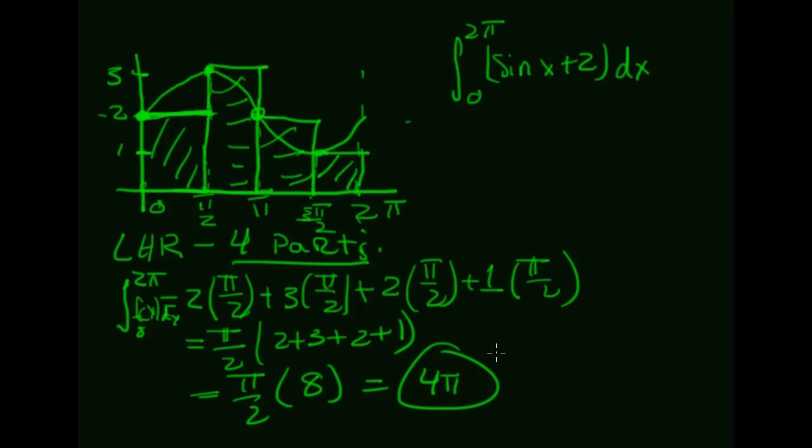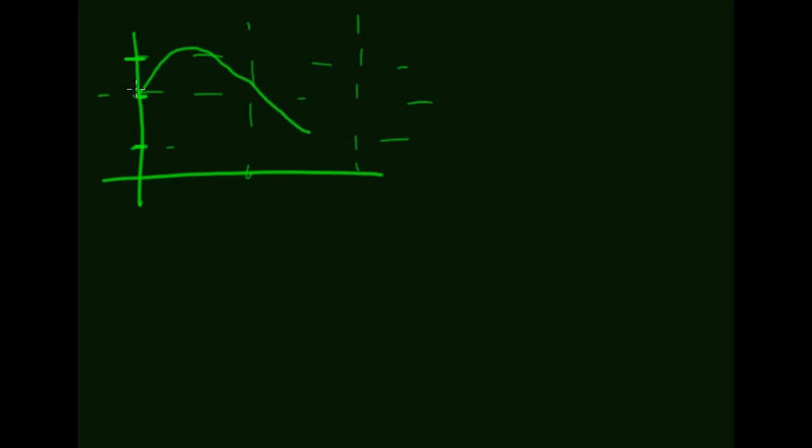Well, if we can do this by left-hand estimation, we can also do this by right-hand estimation. So let's draw our original graph again. 1, 2, 3. We're going to go to 2 pi. There we go. So we go up, down, and then back up.